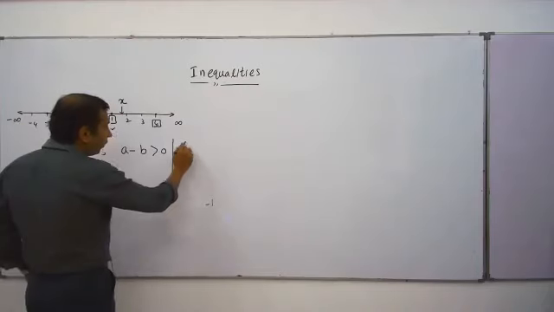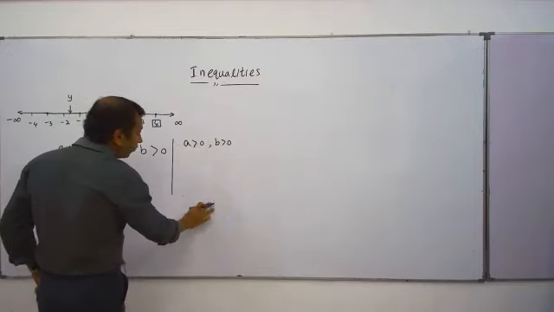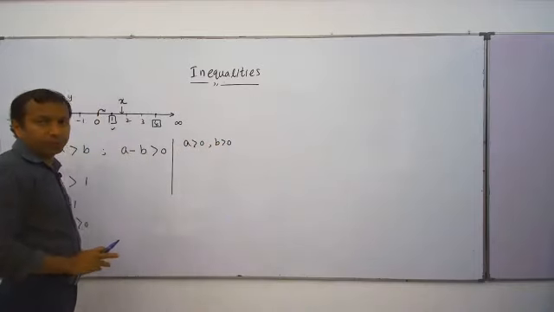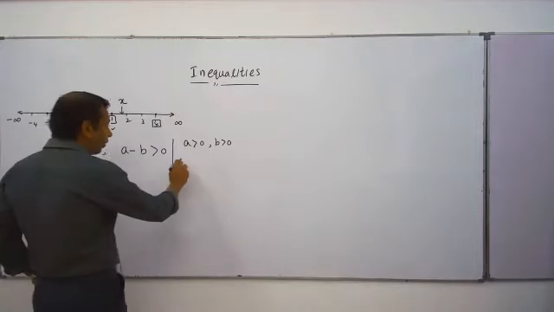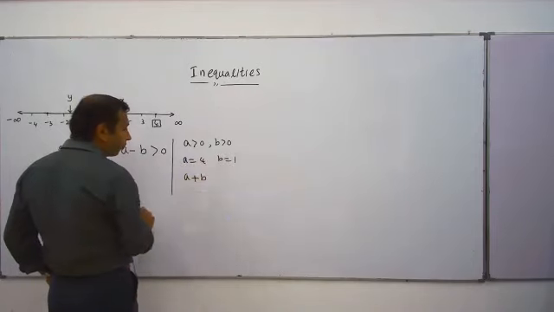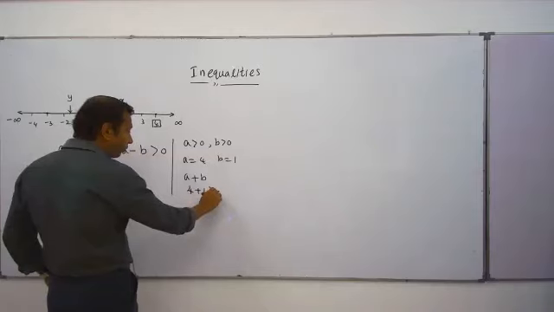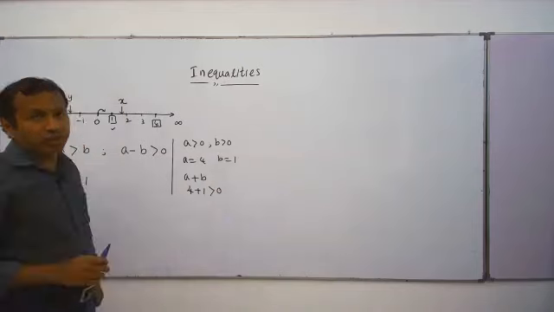And the other thing is, when we consider two positive real numbers, a positive, b positive, I take a as 4 and b as 1. Now I am going to add a and b. See what we get: 4 plus 1 is 5, which is positive.